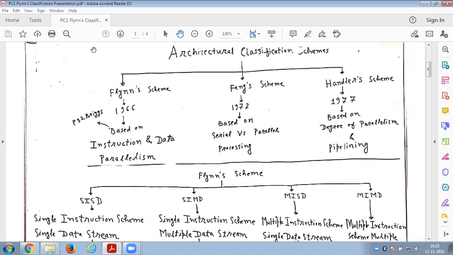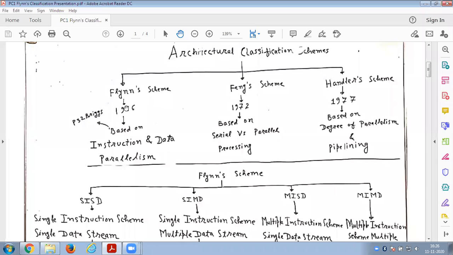In this process, there are three architectural classification schemes for computers, according to different scientists: first is Flynn's classification scheme, second is Frank's classification scheme, third is Handler's classification scheme.